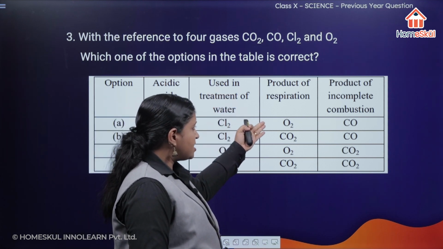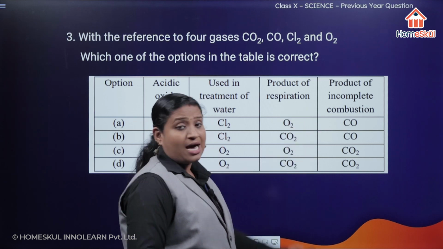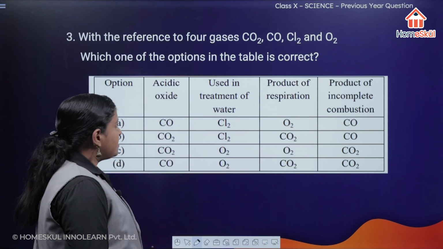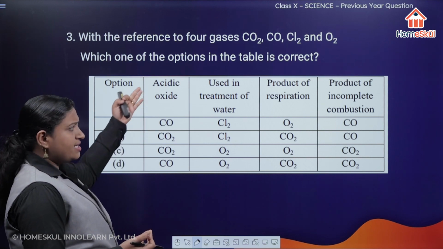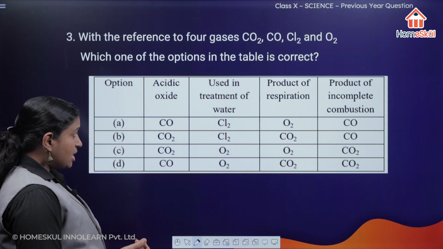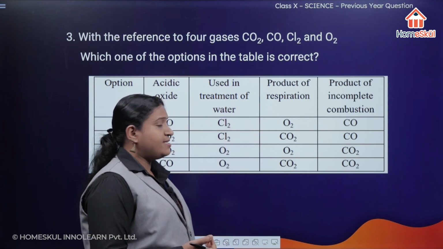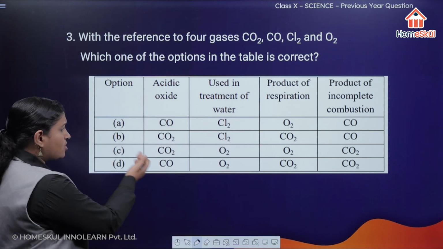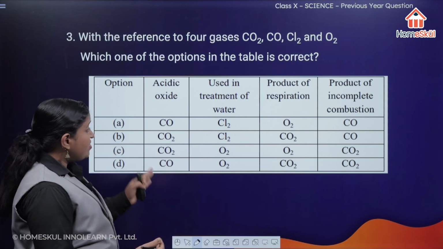Product of respiration is oxygen. Incomplete combustion product is carbon monoxide. Is it correct? No. Because carbon monoxide is not acidic. Is it so? Product of respiration, it is carbon dioxide, right? Not oxygen. So, please go through these 4 and can you say out of these 4 which is the correct one?